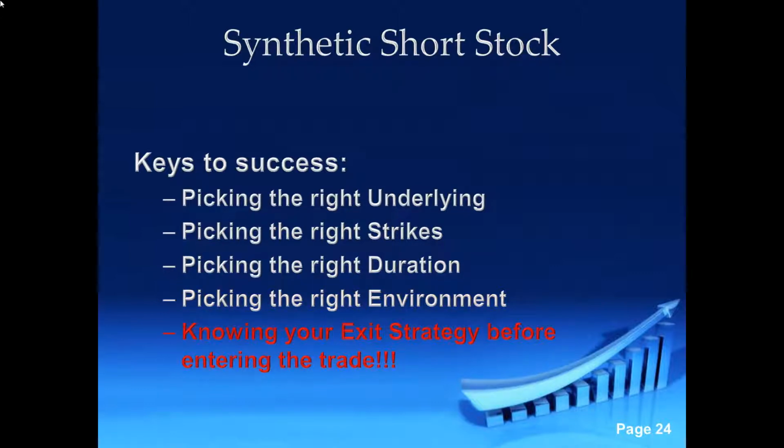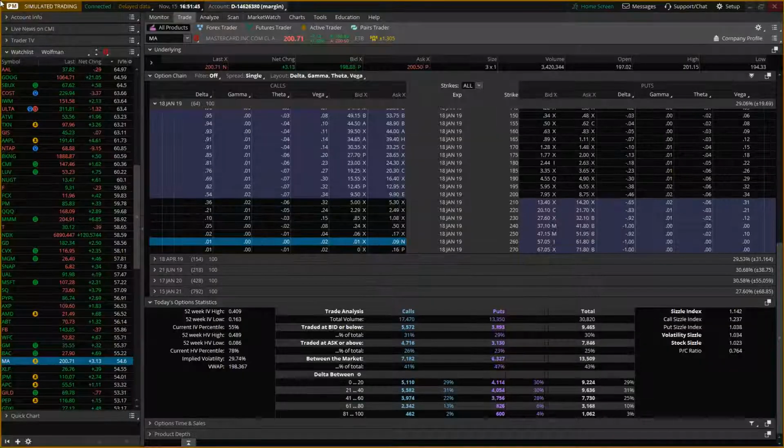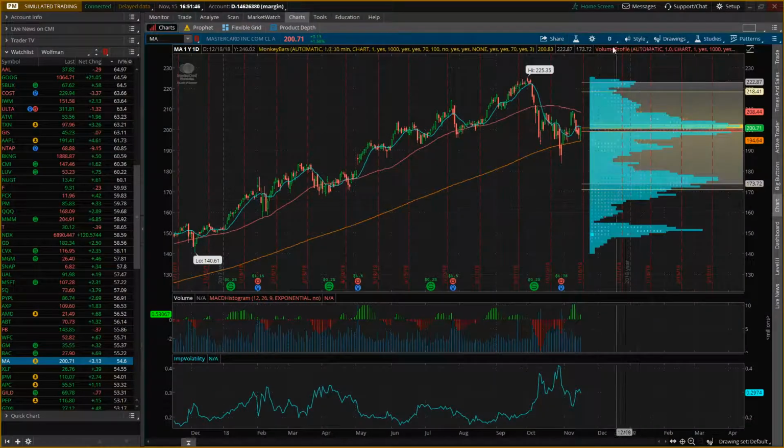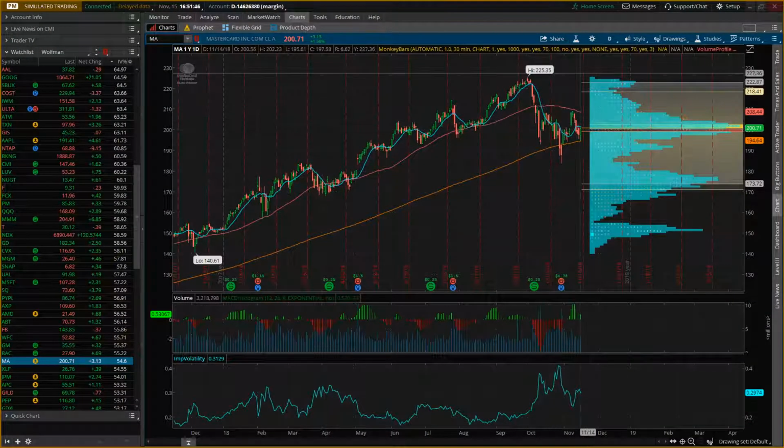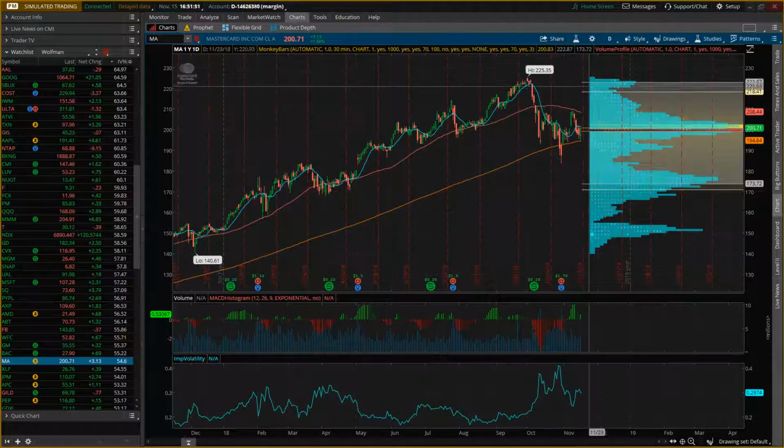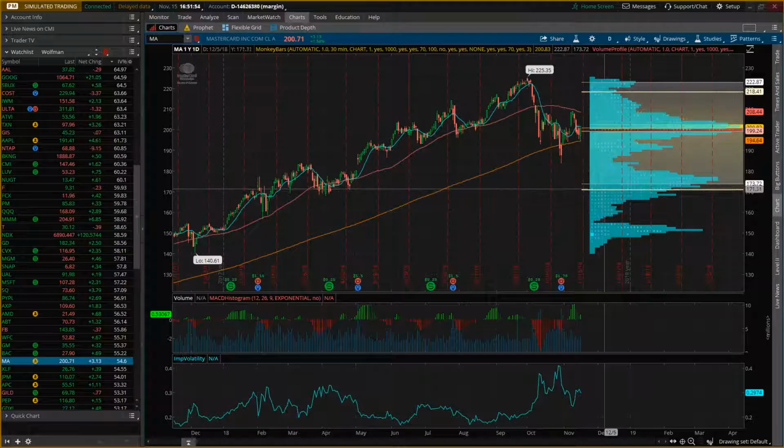All right, know your exit strategy before entering the trade. Now, it's hard for me to tell you exactly where to get in and where to get out with this strategy. I have my rules of where I get in and get out. I usually look at things going to extremes, and I have that on my chart, where overbought would be where it gets above these little lines, and oversold would be below these lines.